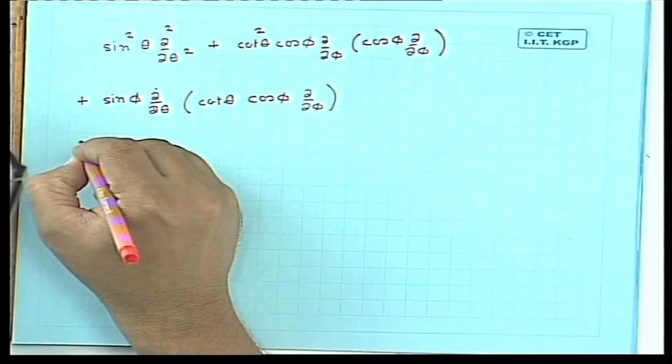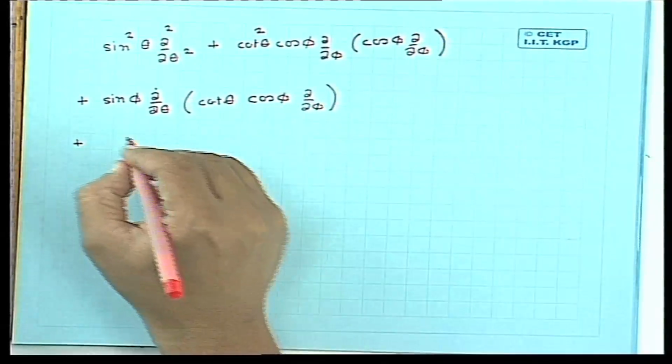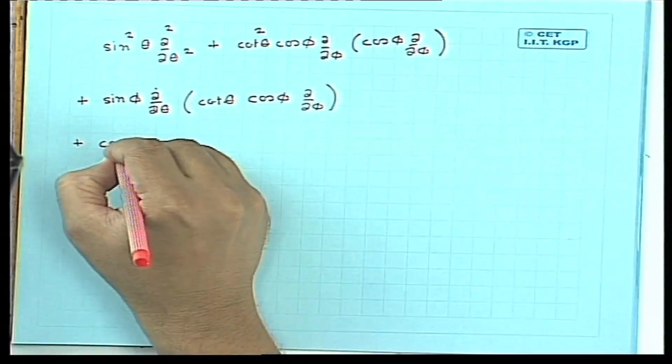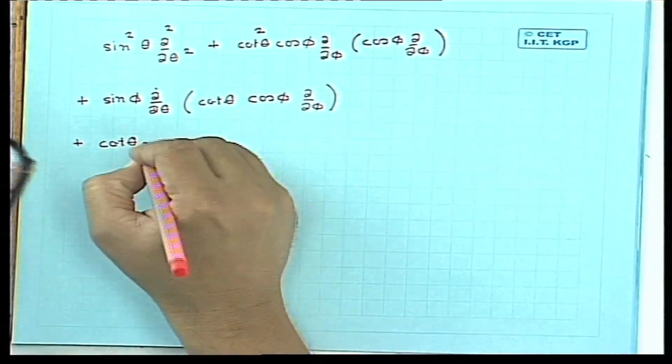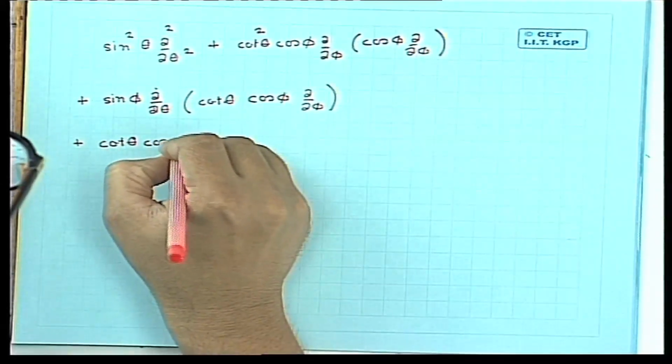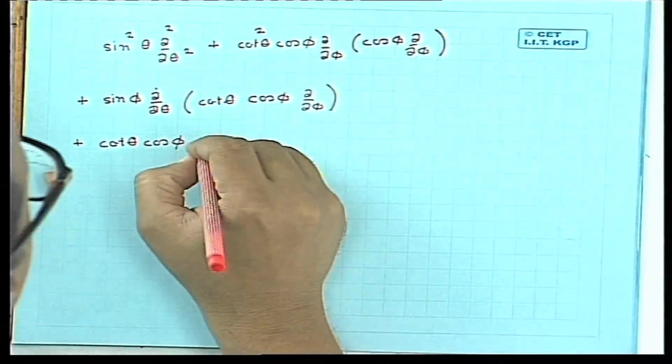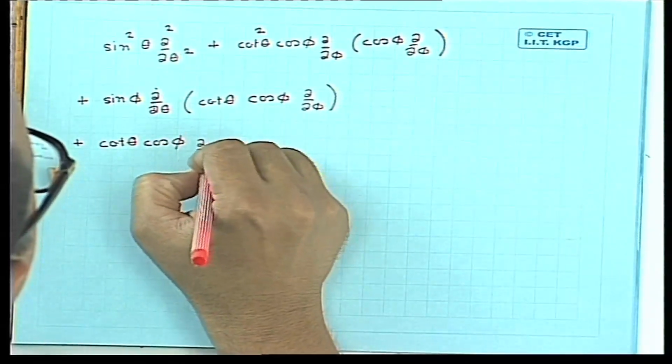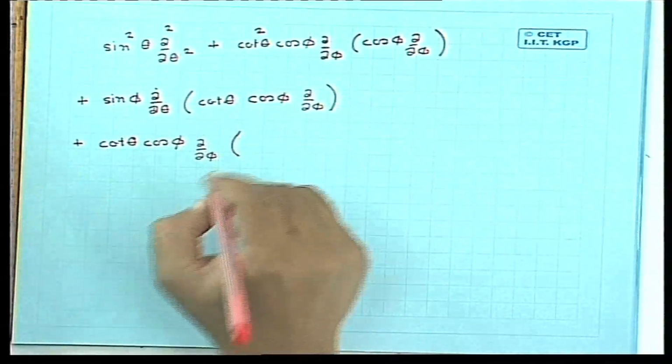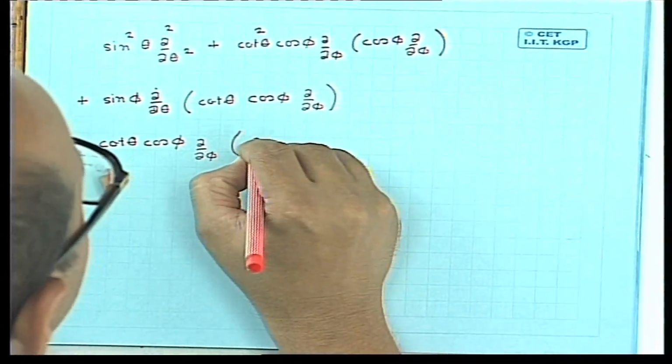And then we have another term which is plus cot theta cos phi del by del phi, the whole thing acting on sin phi del by del theta.